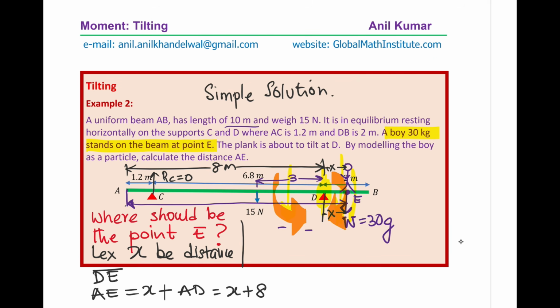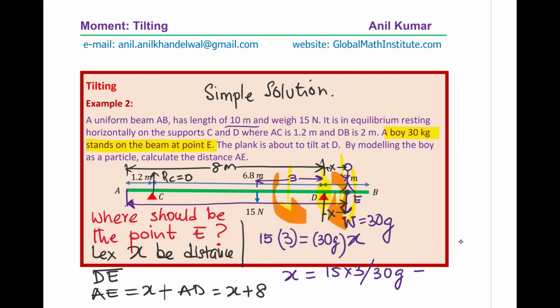Let me just make more room here. So we have 15, which is the weight in the center. It is already given in newtons, and the distance is 3 meters. That should be equal to 30g times the distance which is unknown, and that is x for us. So we can find what x is. So x is equal to 15 times 3 divided by 30g, correct?